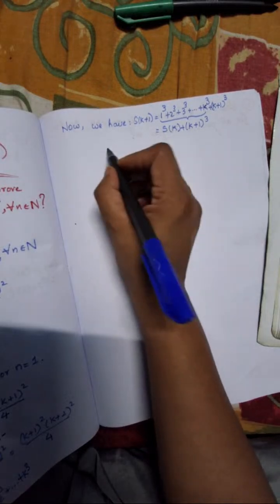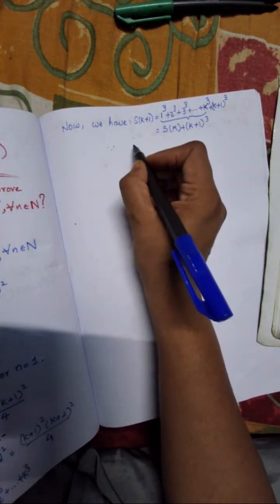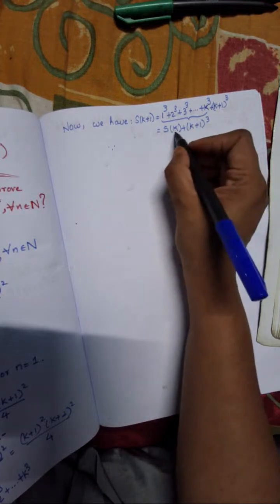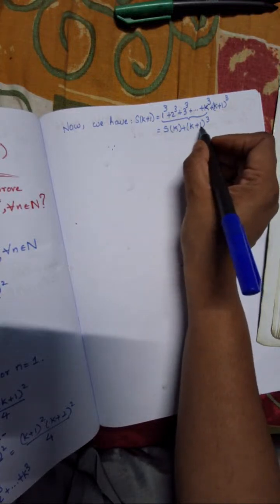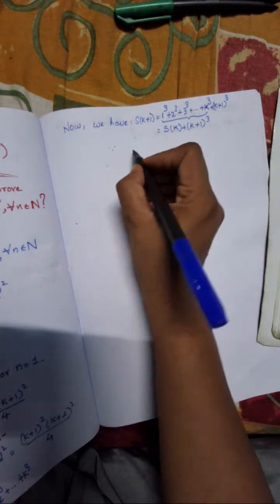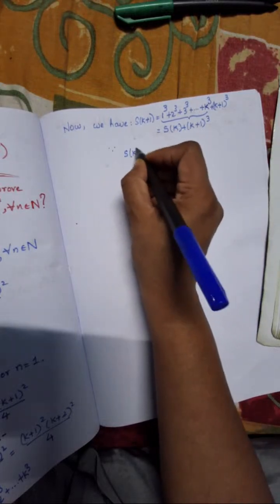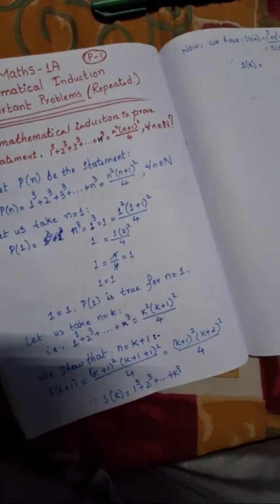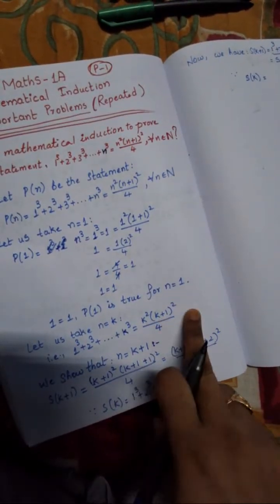Now since we have S(k), so we have S(k) equal to, S(k) we have already here, that is k²(k+1)² by 4.